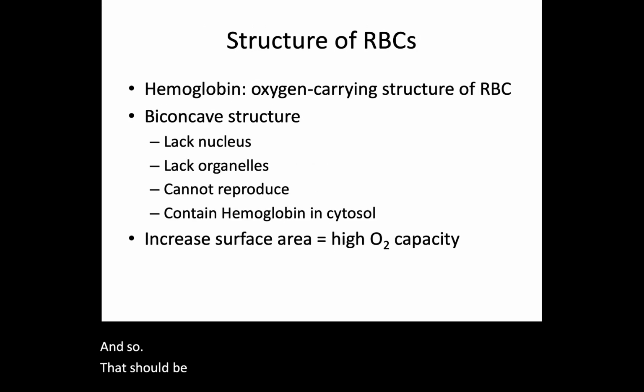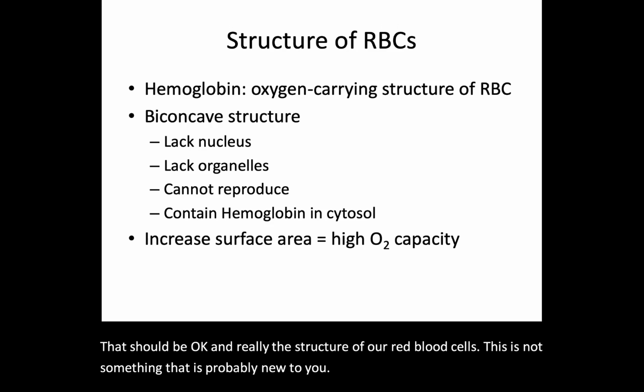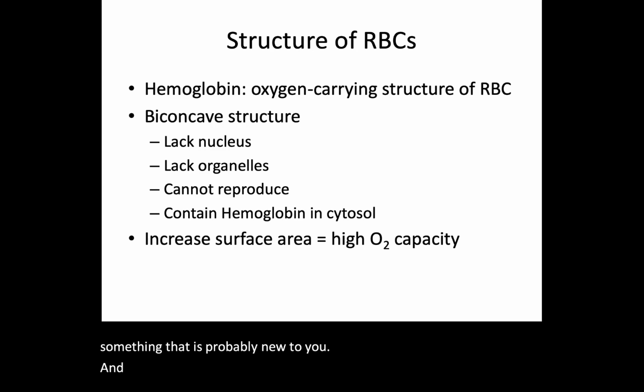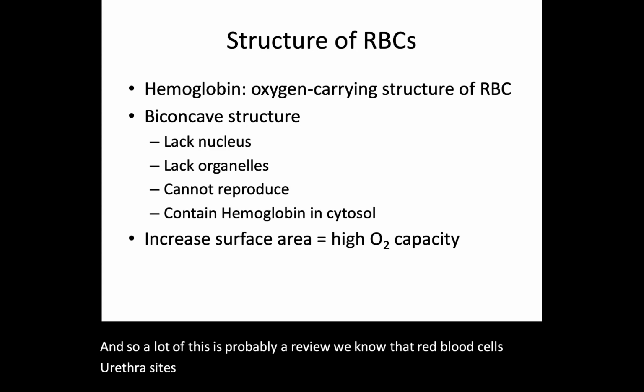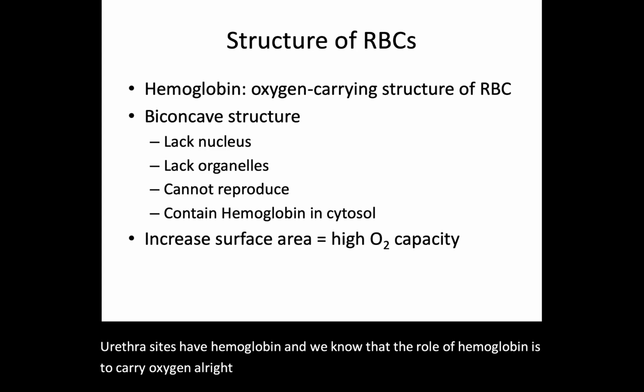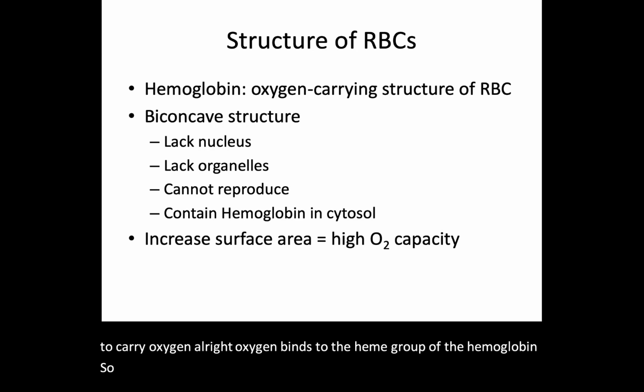And really, the structure of our red blood cells is not something that is probably new to you, so a lot of this is probably a review. We know that red blood cells, erythrocytes, have hemoglobin. We know that the role of hemoglobin is to carry oxygen. Oxygen binds to the heme group of the hemoglobin. So the globulin is the protein.